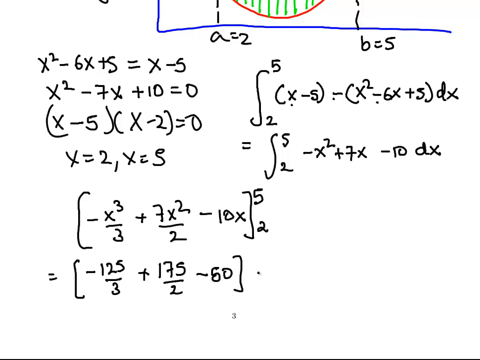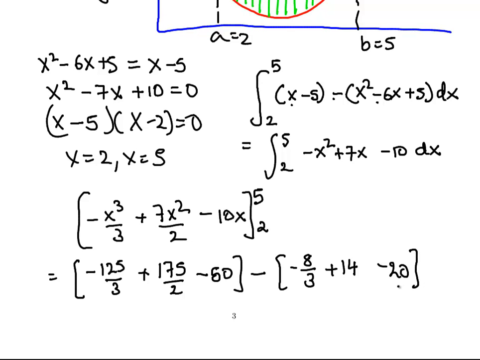On the next side we have 2 cubed is 8, so minus 2 cubed over 3 is minus 8 over 3. x squared is 4. 7x squared over 2 is 7 times 2, which is plus 14. And finally, minus 10x is just minus 20.